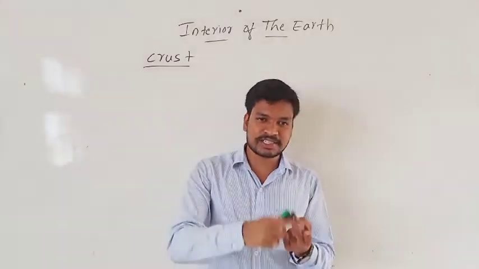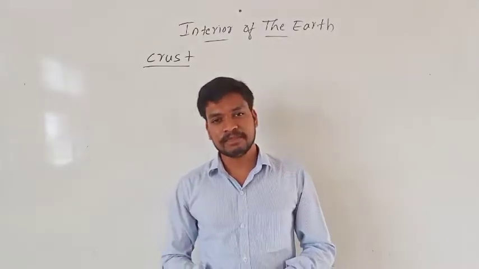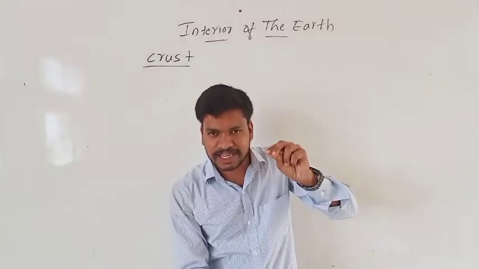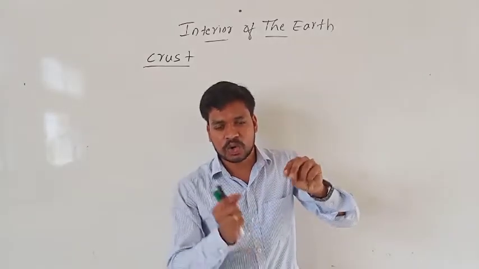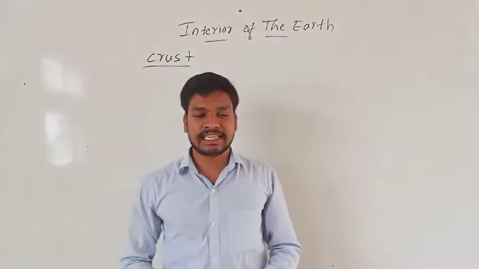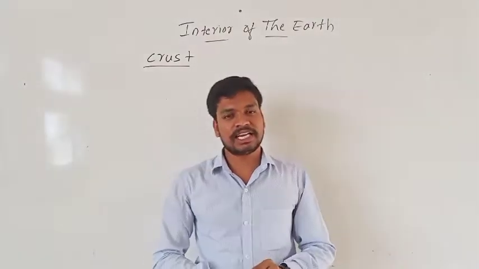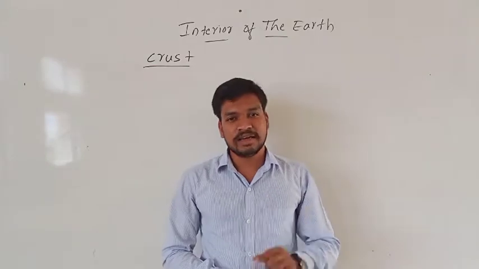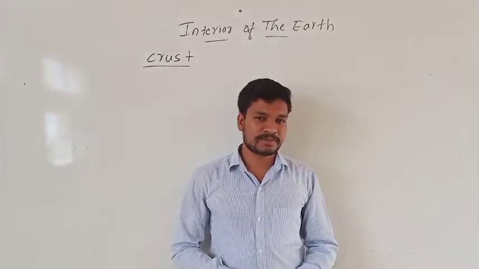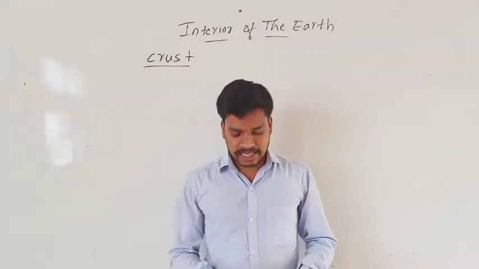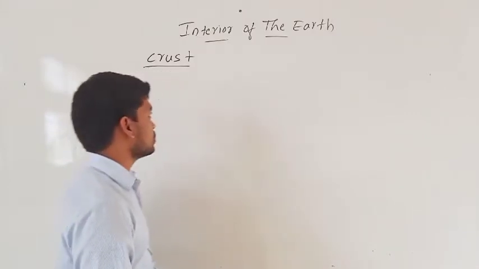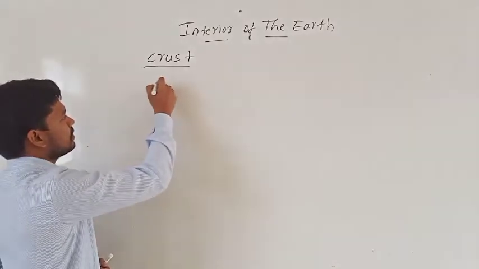Good. The depth of crust is around 20 to 30 kilometers. The continental crust depth is 20 to 30 kilometers. The depth of oceanic crust is 5 to 10 kilometers. So that's what we discussed. Then we have some more points to discuss, as I told in the last class.